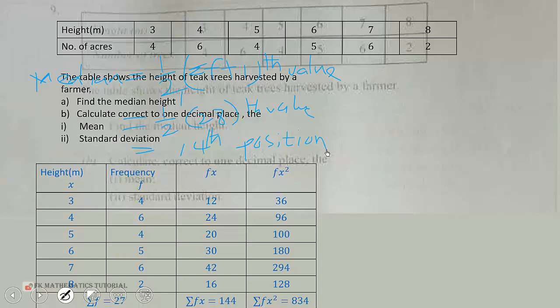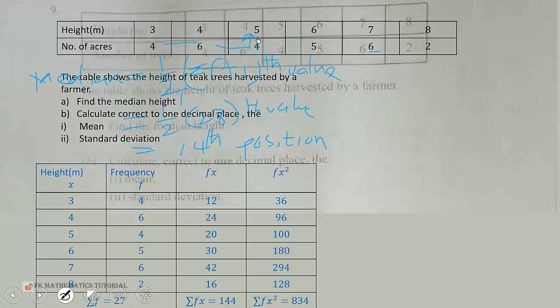And we can calculate that from the table. We add from the left: 4 plus 6 is 10, plus 4 is 14. So from the left, it is pointing to 5. Then from the right, we have 2 plus 6 is 8, 8 plus 5 is 13, and 13 plus 4 is 17.